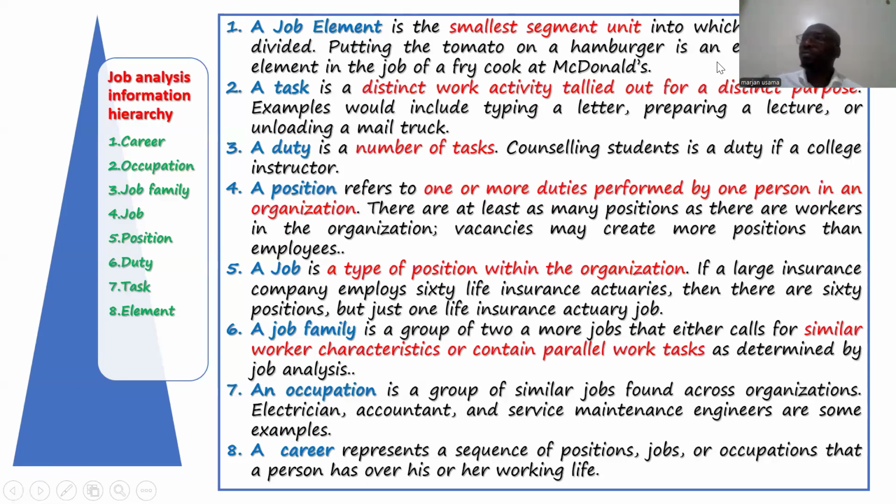So when you are making a hamburger, there are a lot of elements that are involved. One of the elements is when you are putting tomato inside the hamburger, that is an element. When you are putting something else, it's an element, you know. So every job has elements.